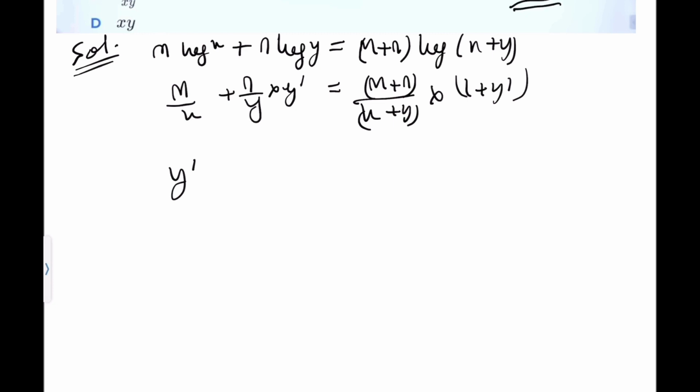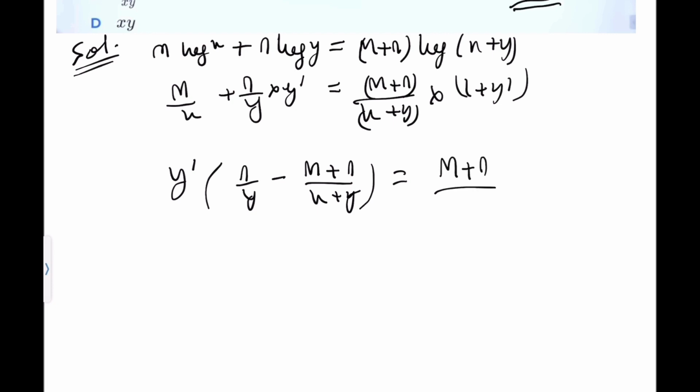And y dash, I will take common from it. It will be y dash times (n by y minus (m plus n) over (x plus y)), which equals (m plus n) over (x plus y) minus m by x.